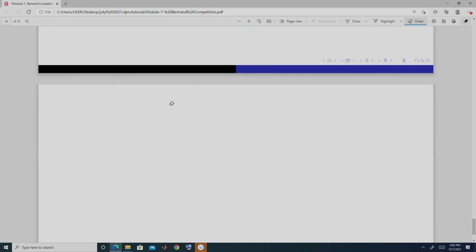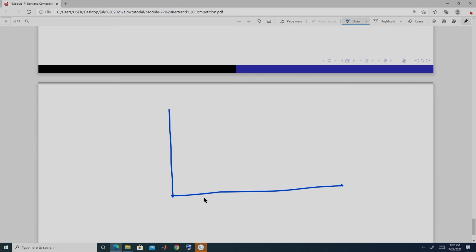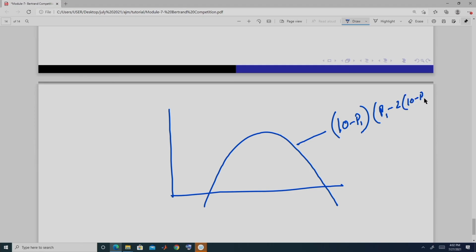Now, if we plot this function, this point is 10, this point is 20 by 3.